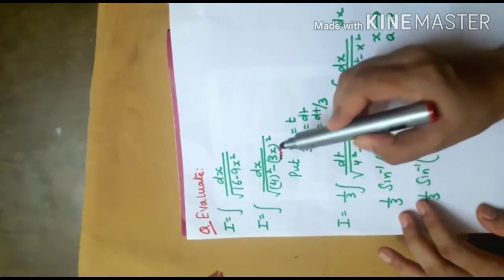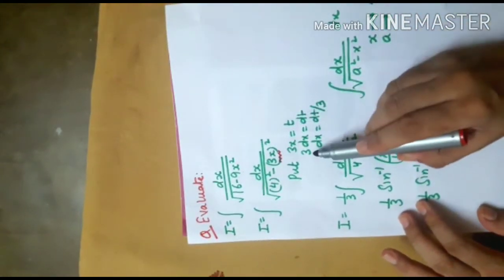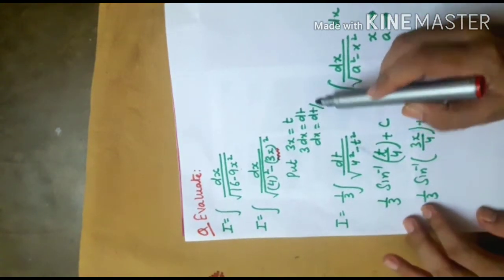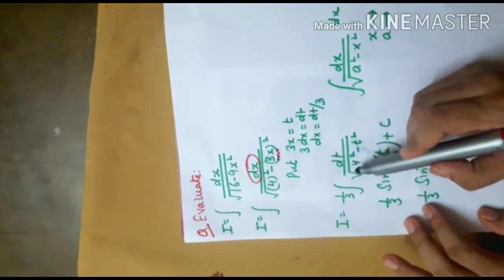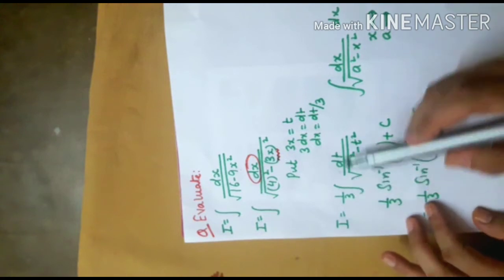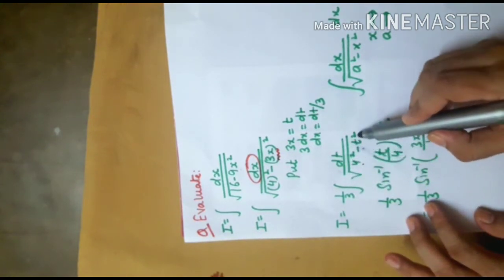Now I replace this with t. So I'll put 3x as t. I'll get 3 dx equals dt. So dx will be dt by 3. So this dx will be replaced with dt by 3 and I have taken 1 by 3 out of the operator. So I'll get dt over square root of 4 square minus t square.